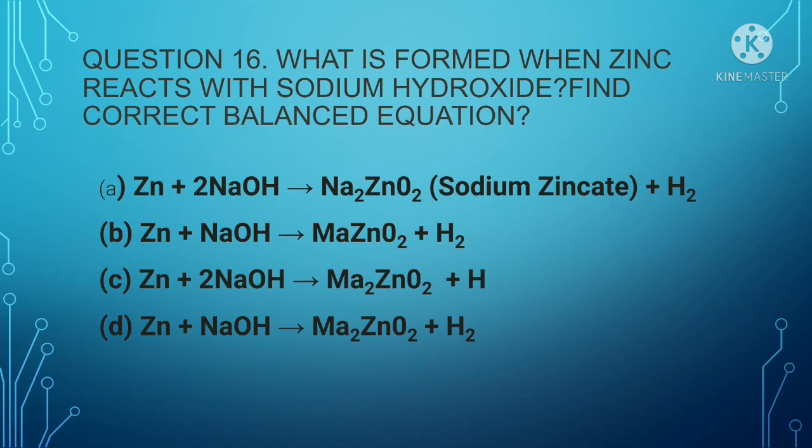Second option, Zn plus NaOH gives NaZnO2 plus H2. Third, Zn plus 2NaOH gives Na2ZnO2 plus H. The fourth option is Zn plus NaOH gives rise to NaZnO2 plus H2.